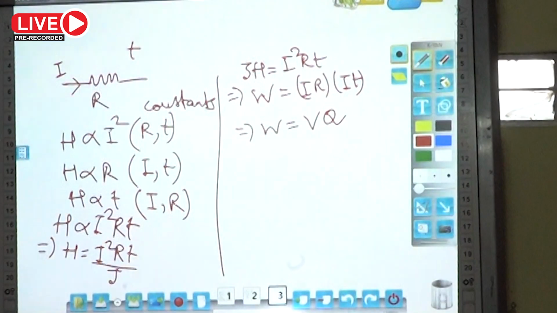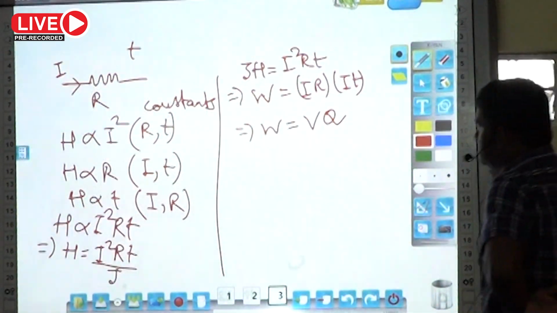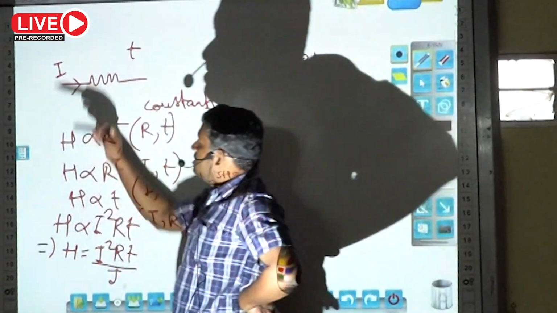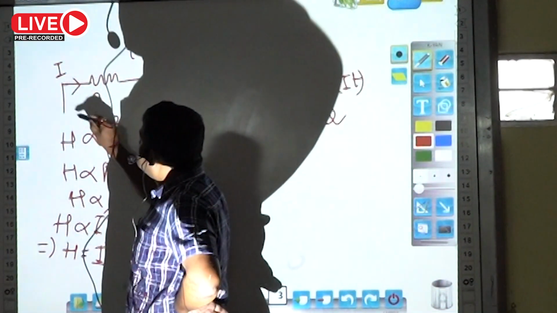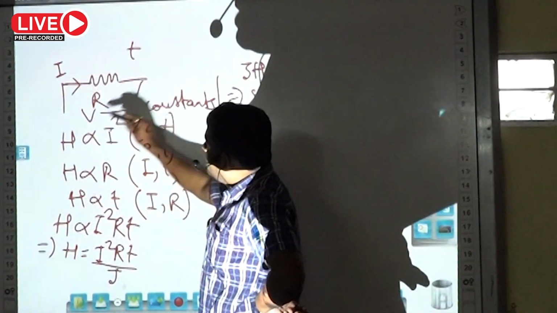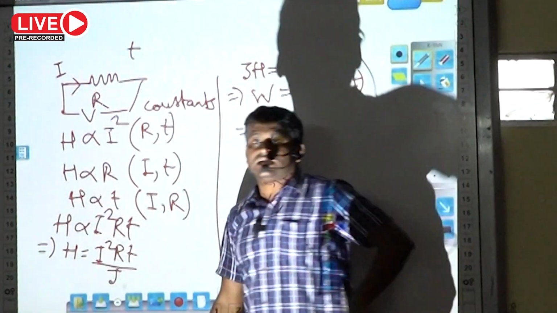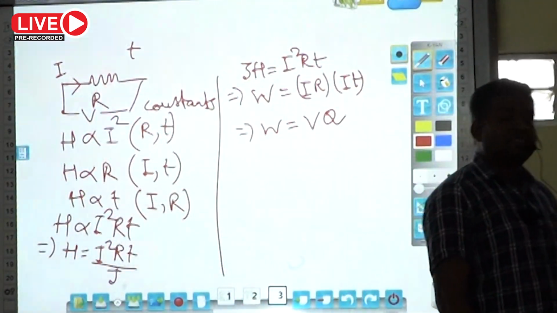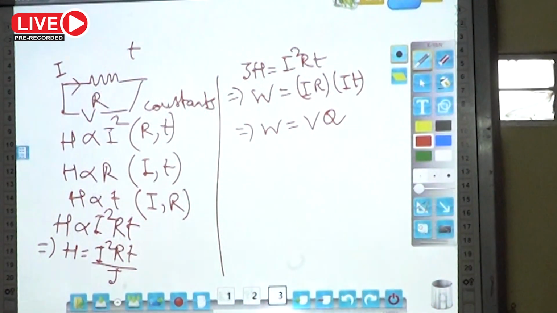Now, one more thing you have to be very careful when you are applying Joule's law. Now let us consider that potential difference across this resistor is kept constant. Across this resistor, if potential difference is kept constant, then what will be the form of Joule's law? Means instead of current, you have to deal with potential difference.